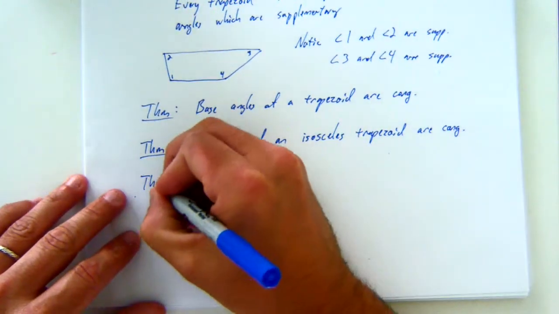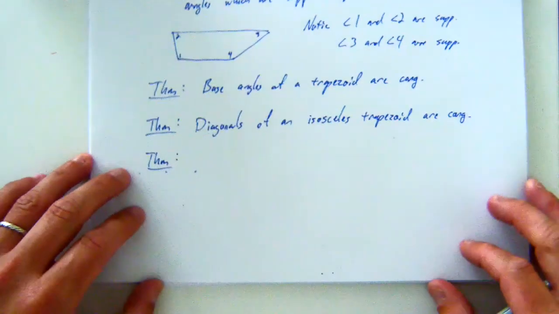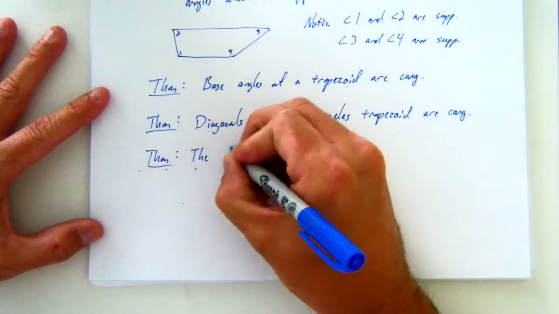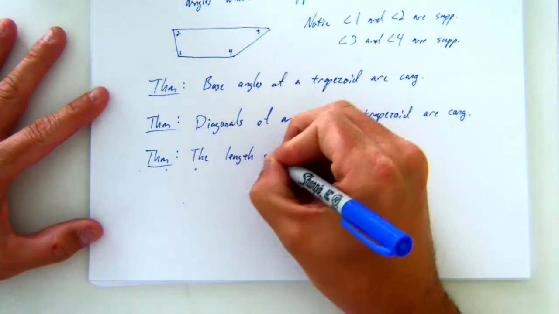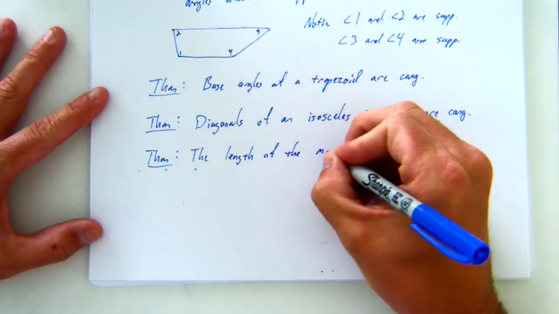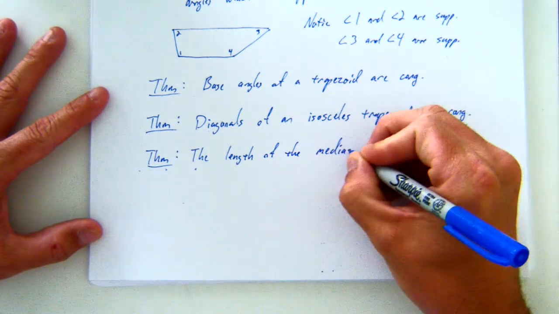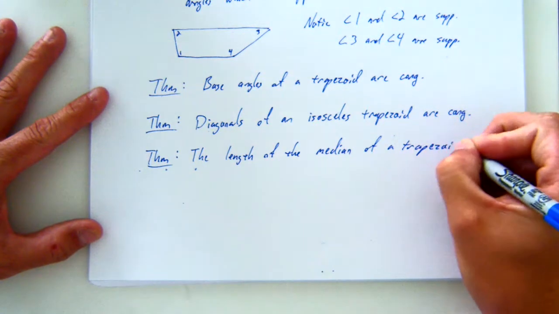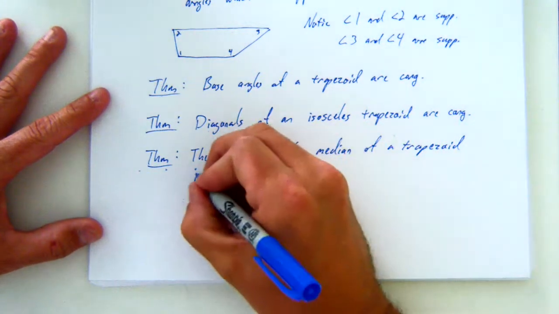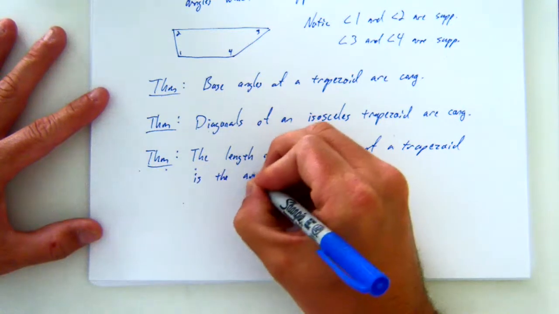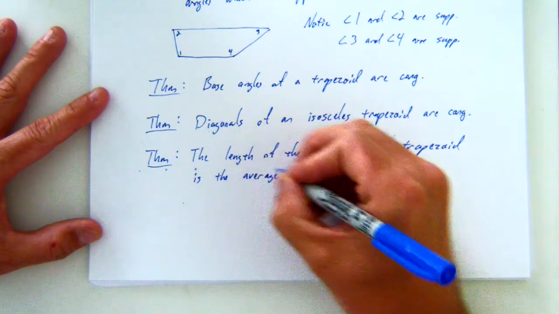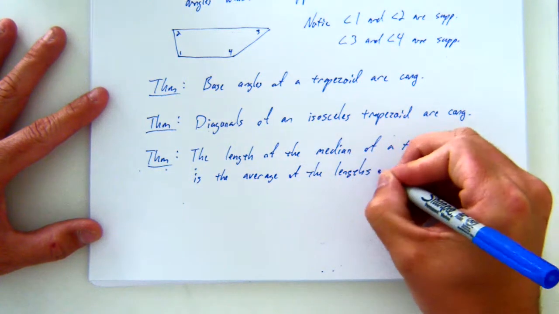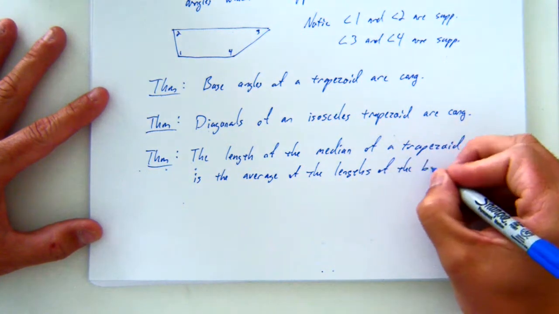And finally, we have a theorem about the median. And this is a theorem that you might use to solve a problem. The length of the median of a trapezoid, well, it's the average of the lengths of the bases.